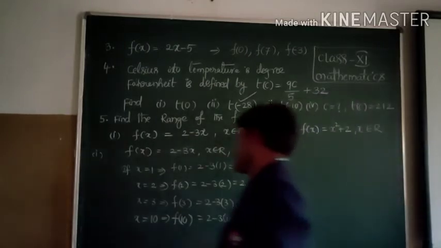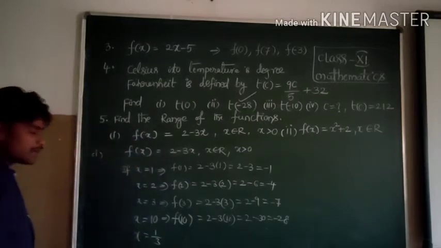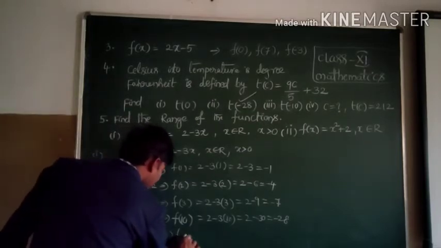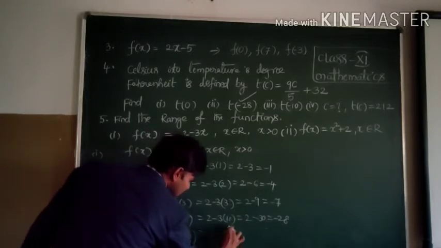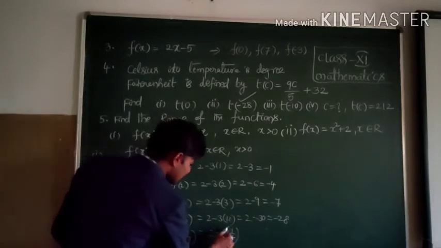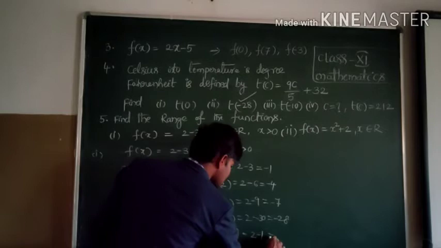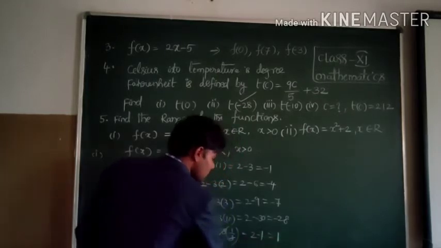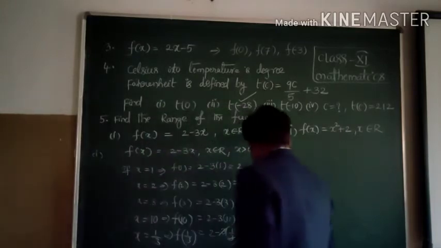Suppose I take x equal to 1 by 3. Then f of 1 by 3 is 2 minus 3 into 1 by 3. The 3s cancel, giving 2 minus 1, which is 1 only.